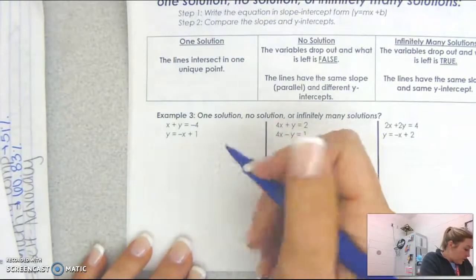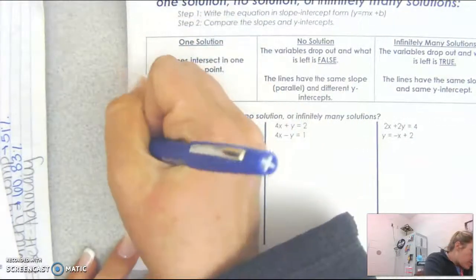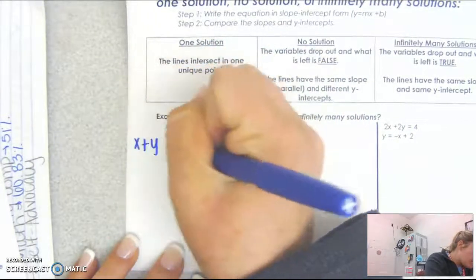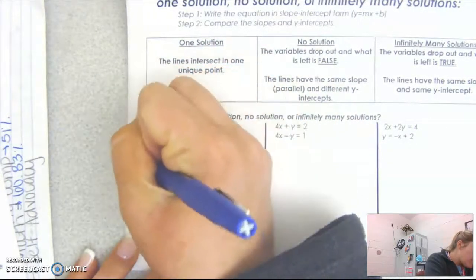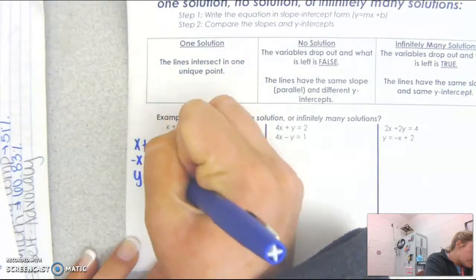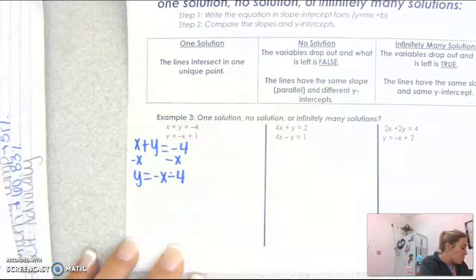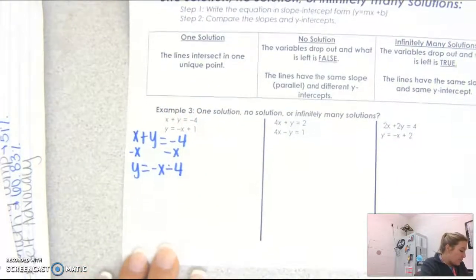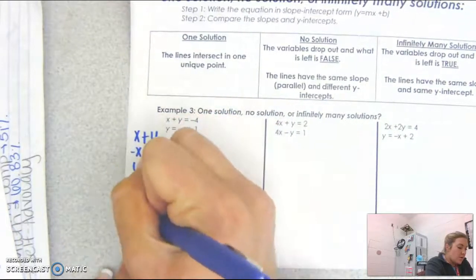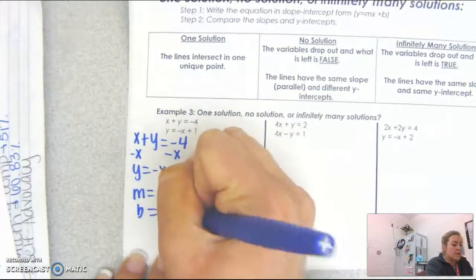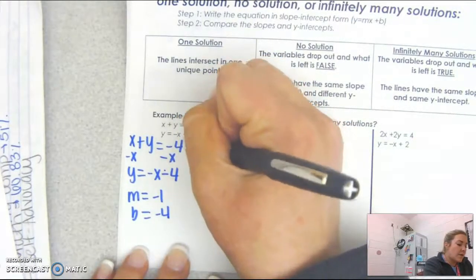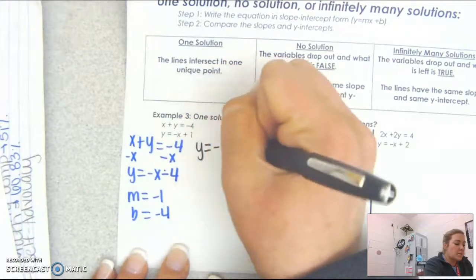So over here, we're going to start with this first equation, and we're going to get y by itself. So I'm going to subtract x from both sides. So I have negative x minus 4. That means my m would be negative 1 and my b would be negative 4. For my second equation, I have y equals negative x plus 1.